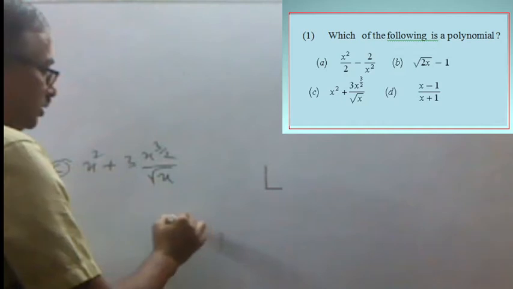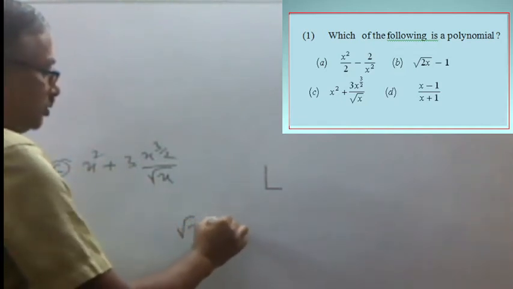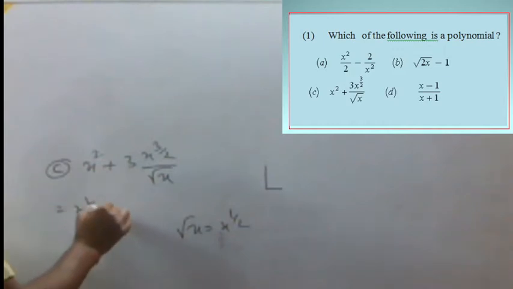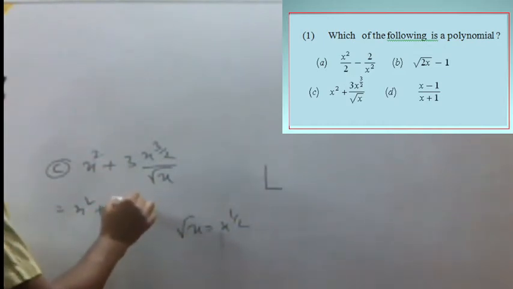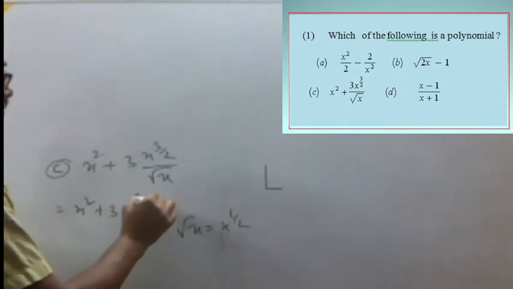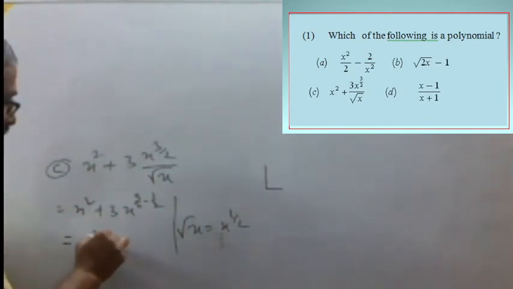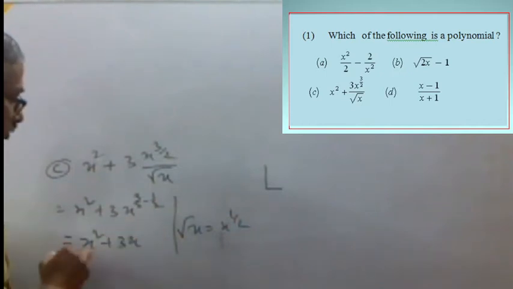Now root x means x to the power half. So if we simplify this, we get x squared plus 3x to the power 3 by 2 minus 1 by 2, by the law of index a to the power m divided by a to the power n equals a to the power m minus n. So x squared plus 3x. So this is a polynomial.